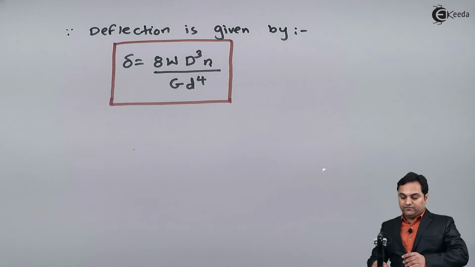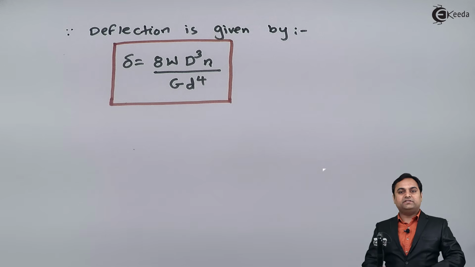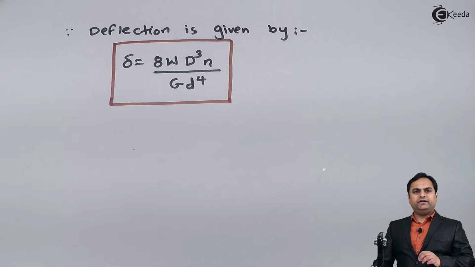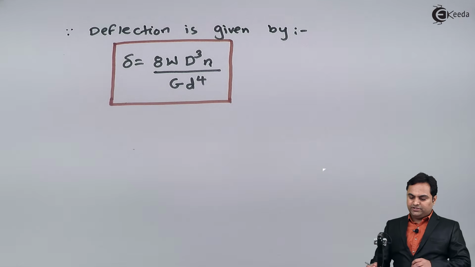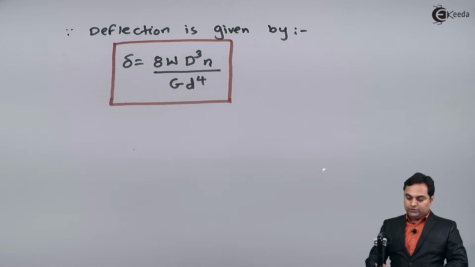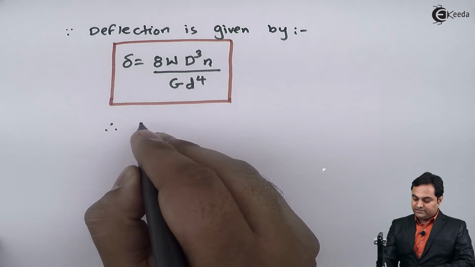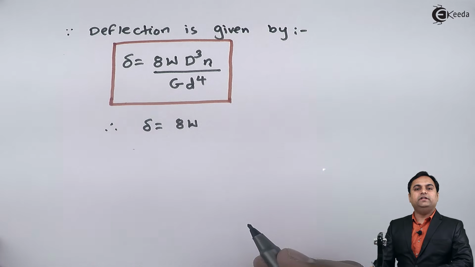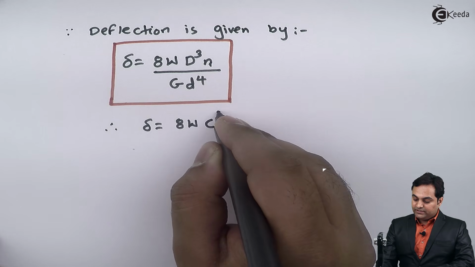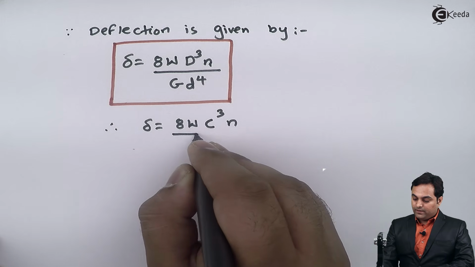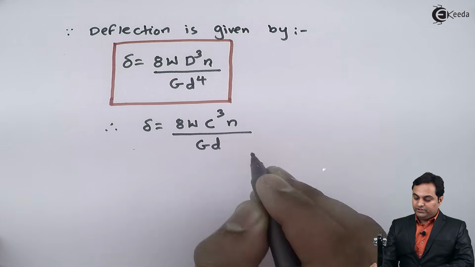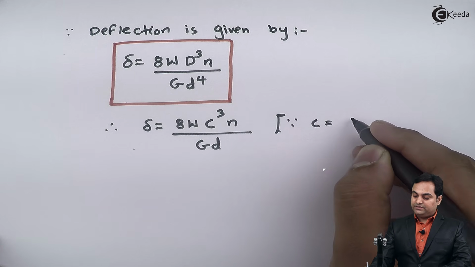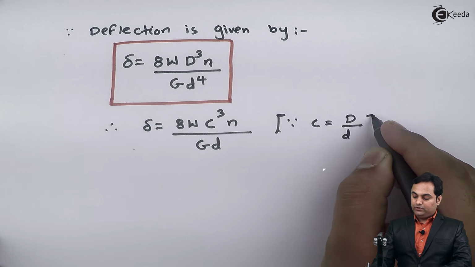Now again, in this formula, either we can put the values of capital D or small d, or we can write the formula in terms of small c, which is the spring index. So if I simplify this, I'll get deflection is equal to 8W, capital D upon small d is spring index, so spring index C cube into N upon G into d, since capital C is equal to capital D by small d.